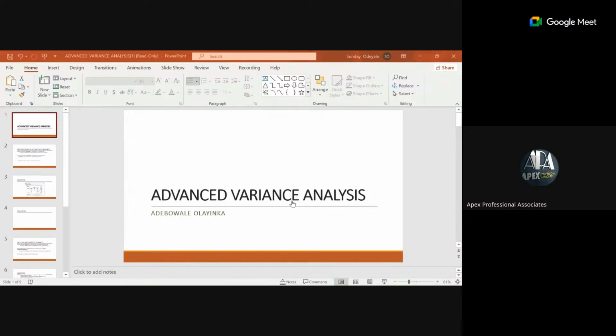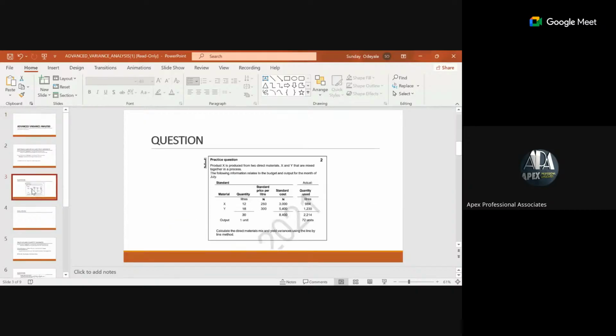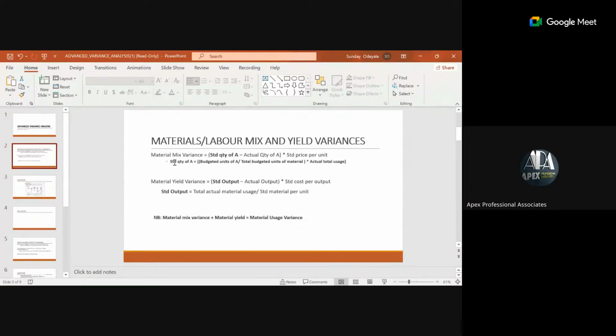So now, what makes up the advanced variance? We have just six variances there. There are six, but they can be 10, but I will usually say six. So let's talk about them one after the other. The first one I'll be talking about is the mix and the yield variance.